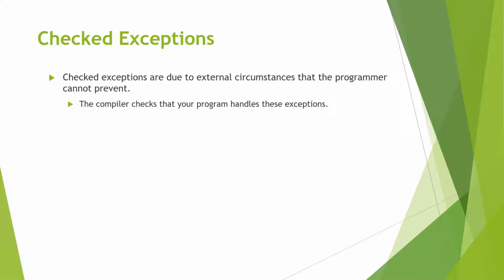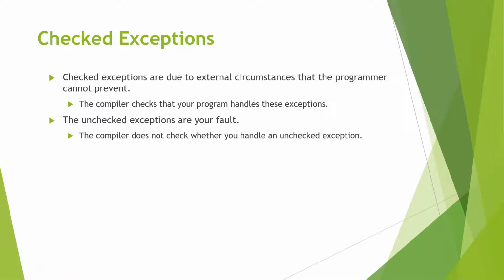That's why we call them checked exceptions. But the unchecked exceptions are your fault, the programmer's fault. The compiler doesn't check whether you handle an unchecked exception. We will see different examples in the following slides.